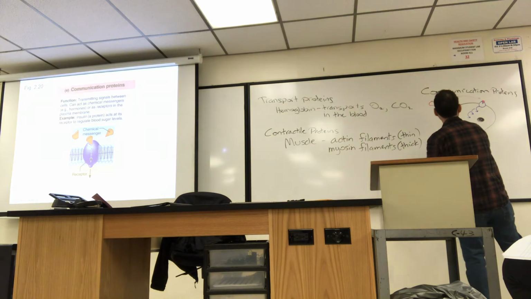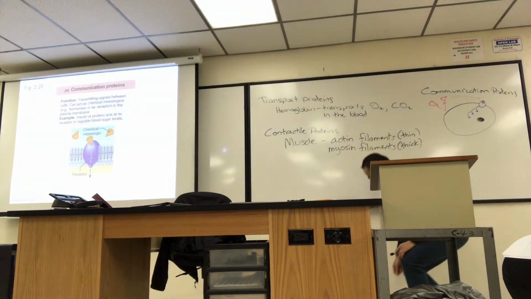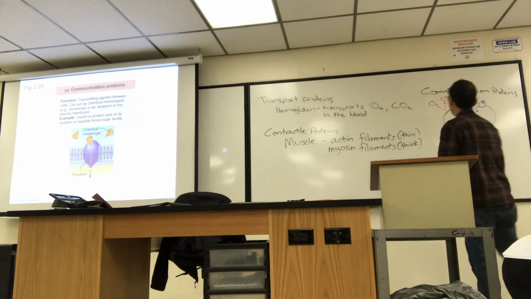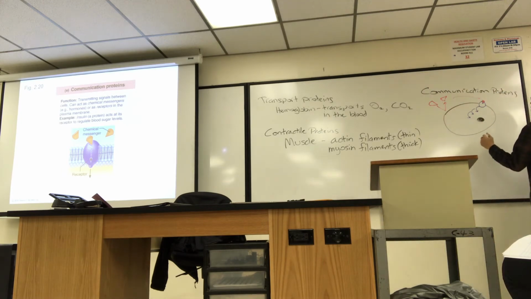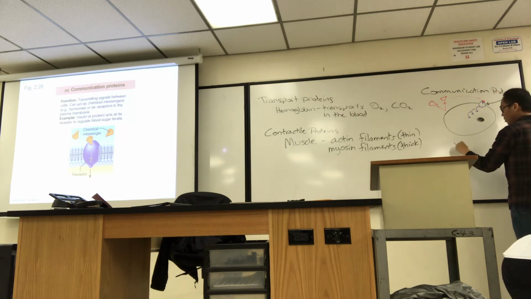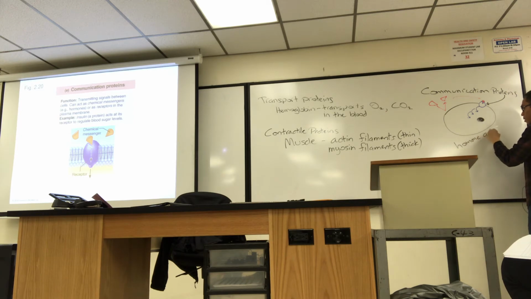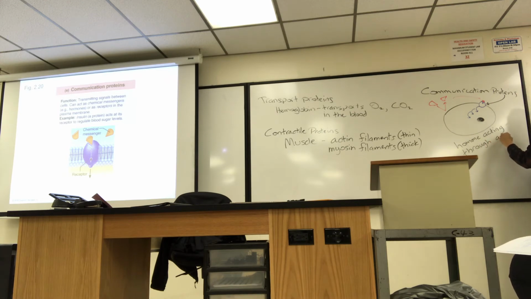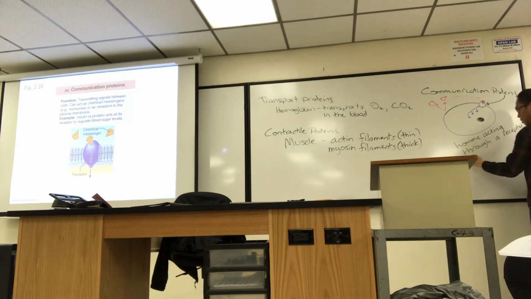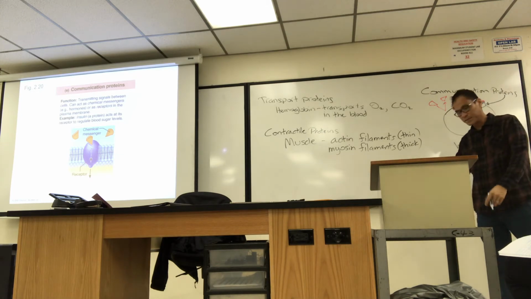So my example is a hormone acting through a receptor. The communication protein is the blue structure I drew. Hormone acting through a receptor on the cell surface. Because it's not lipid soluble, it can't get in. That's a good example.